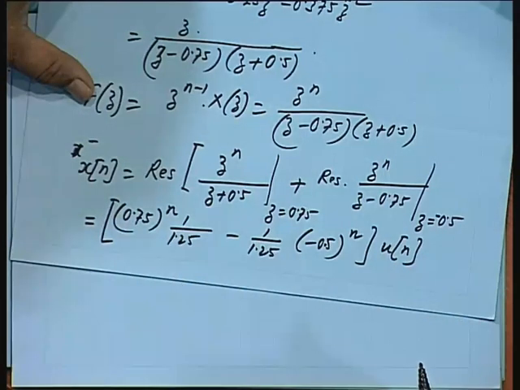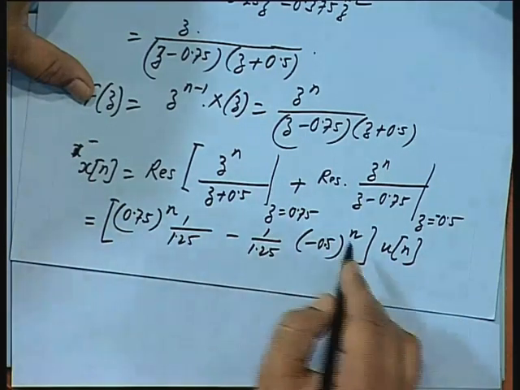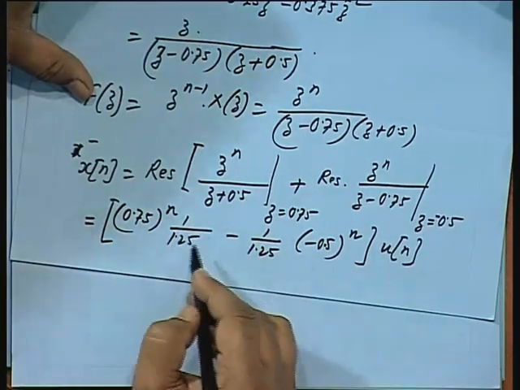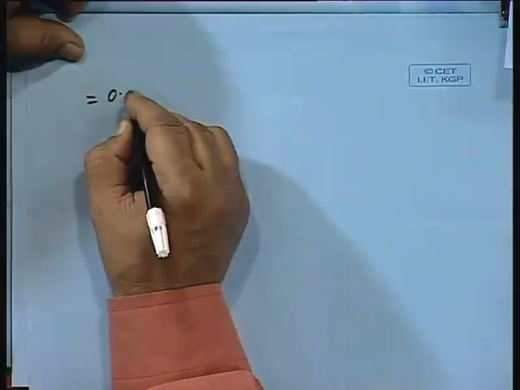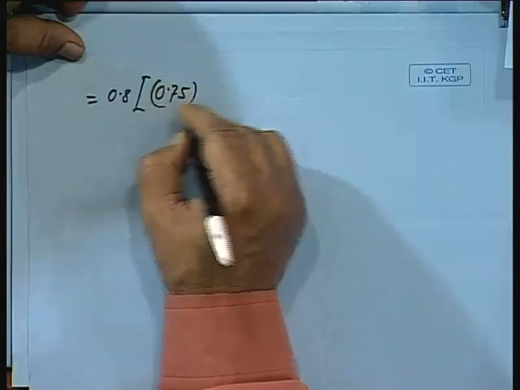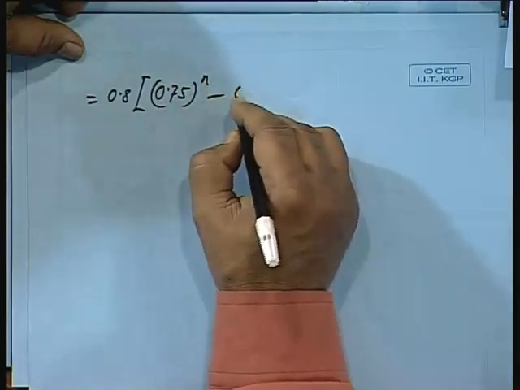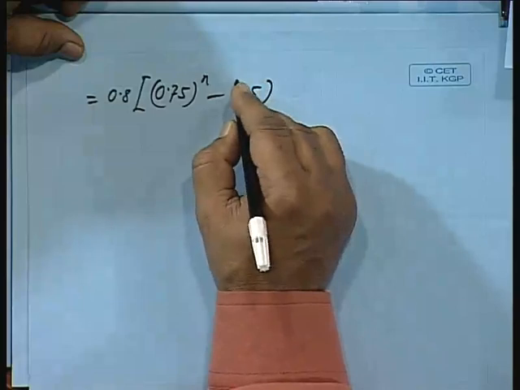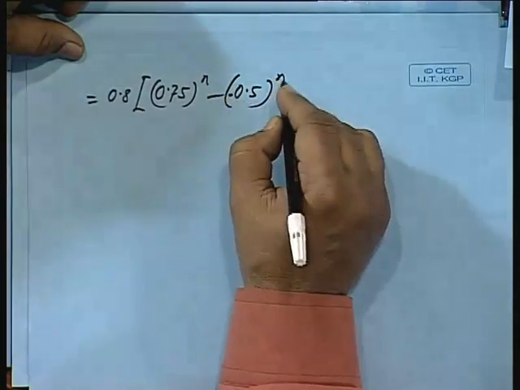It is so simple. This is what we got by the other method. 1 by 1.25 was 0.8, so I can take that as common. That gives you 0.8 into 0.75 to the power n minus minus 0.5 to the power n, into u n.